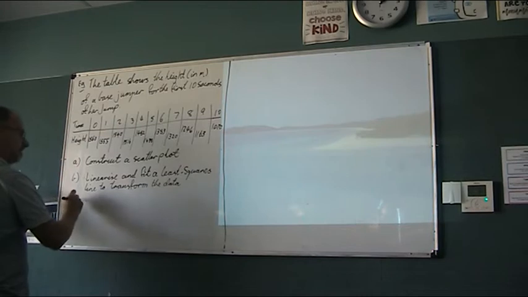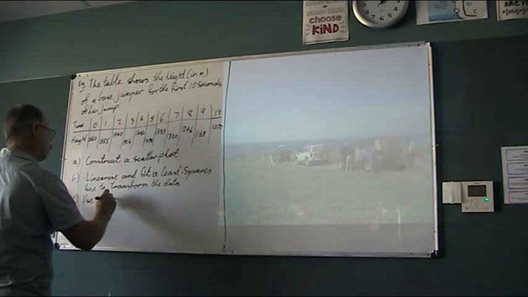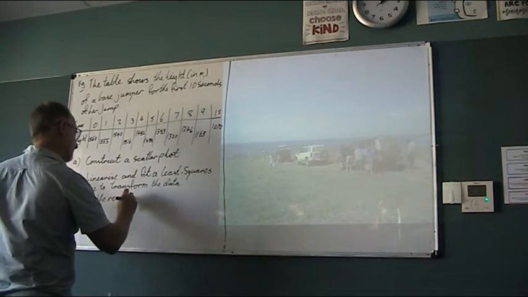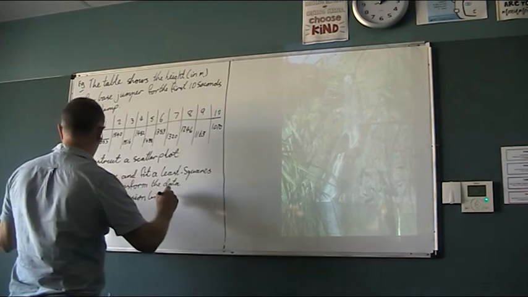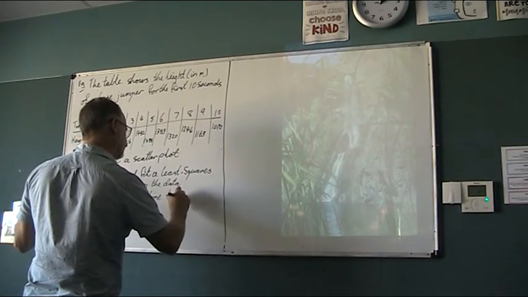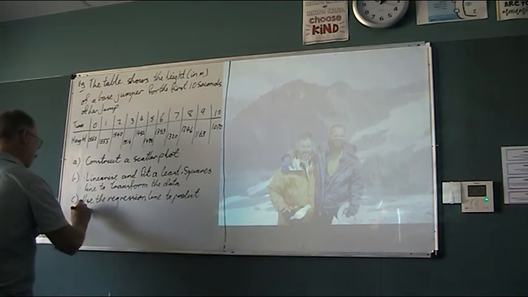And then the last thing we're going to do is use our regression line to predict the height of the jumper after 3.4 seconds.